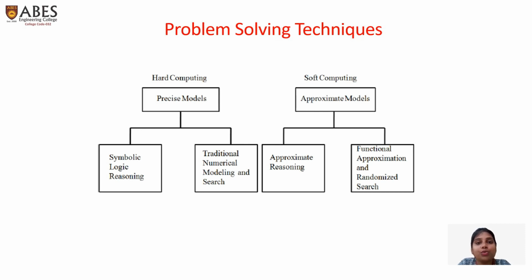These are used to get the solutions for the precise models, and it can use some symbolic logical reasoning. But in soft computing, approximate models are used. So it is applicable for approximate models since it cannot give accurate values. So it uses some approximate reasoning, and some functional approximation and randomized search are used in soft computing.